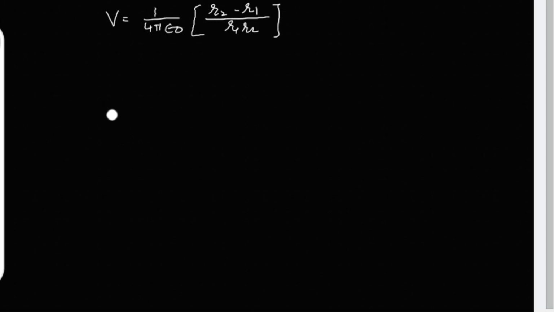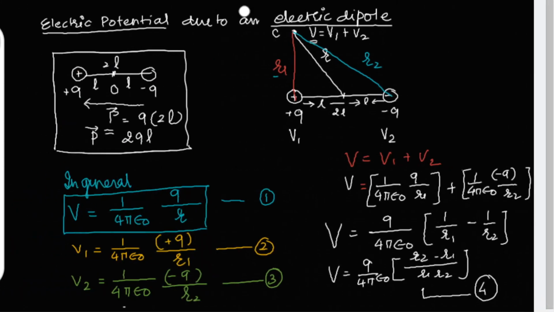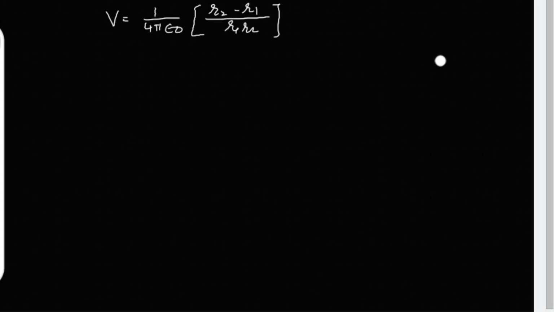Fine. Now consider this diagram here. Suppose I put the diagram again here. This is the positive charge and this is the negative charge.